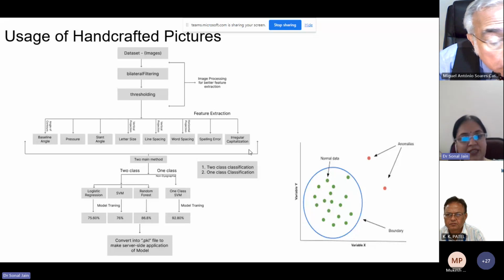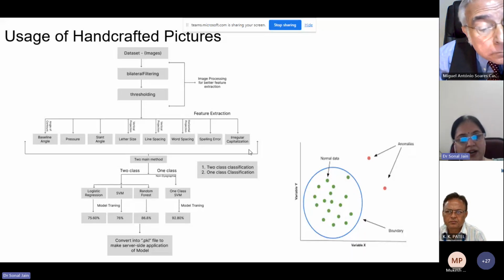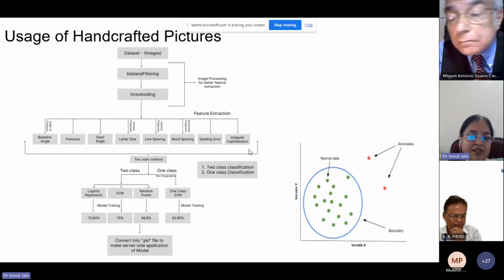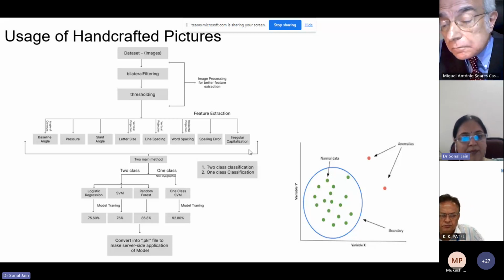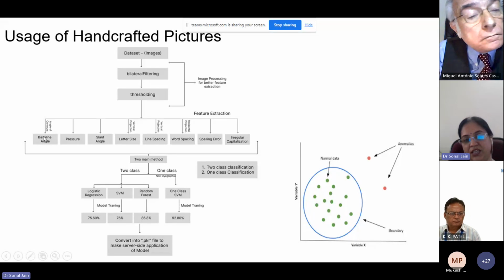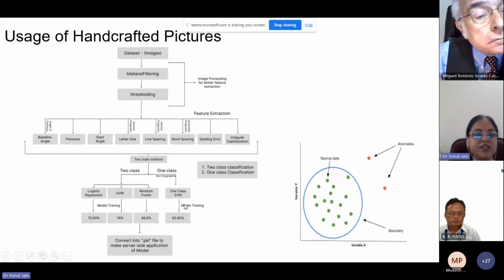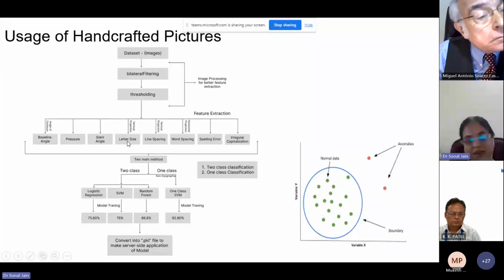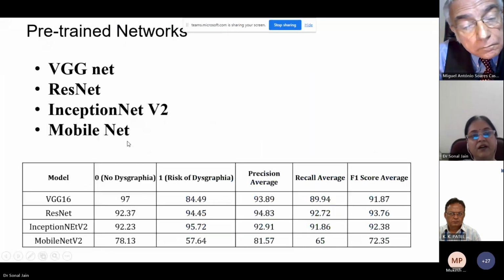It performed quite well, and time complexity was quite less compared to other algorithms. But we could not carry on further with one-class SVM, and we had to go for ensembling, because we were struggling with the extraction of these features, and one-class SVM was based on features like baseline angle, pressure, slant angle, spelling errors, and so on.